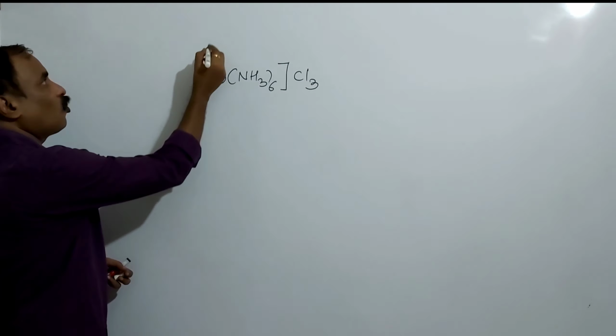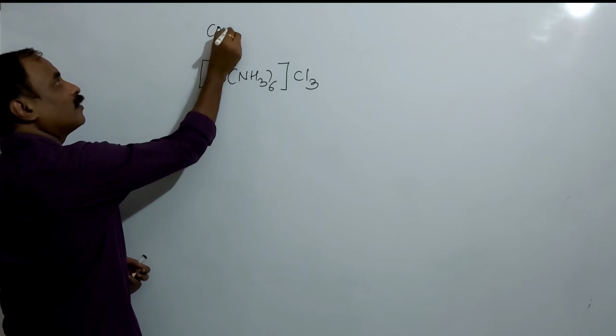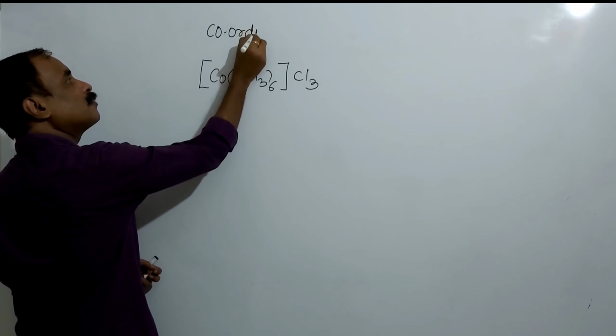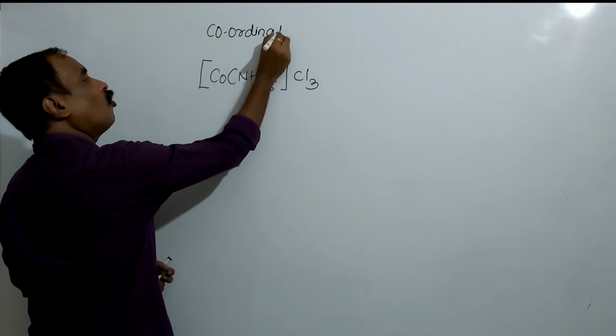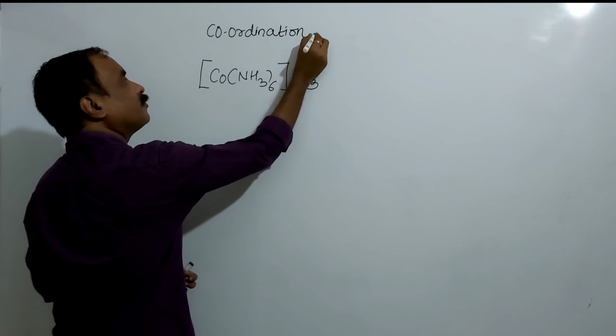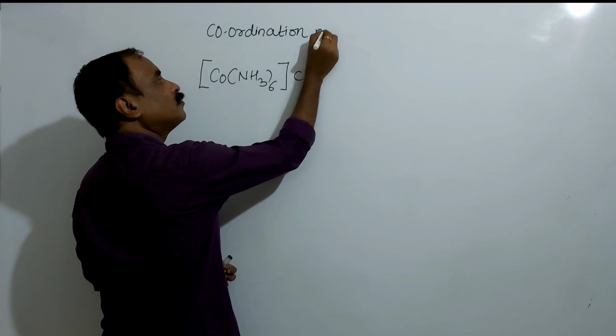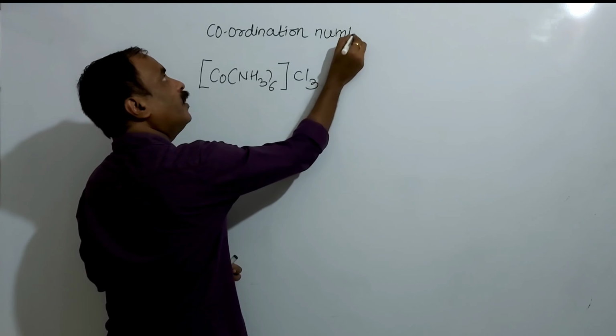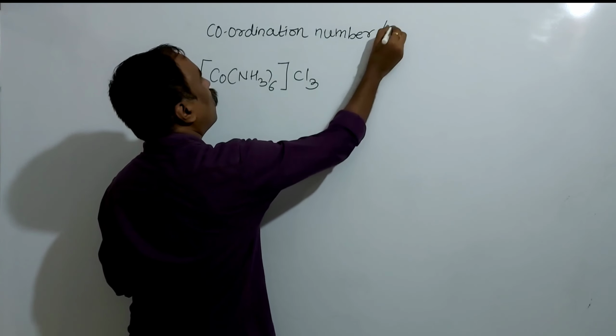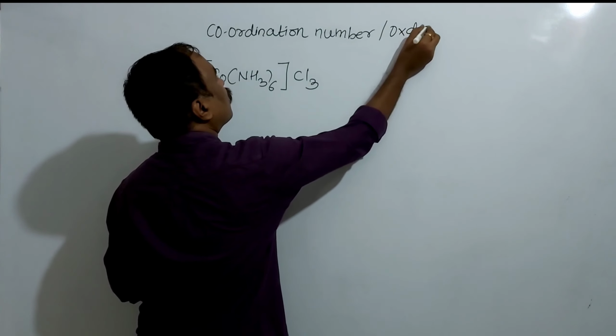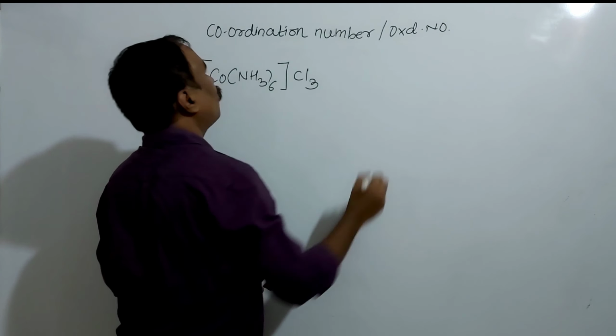Our main interest is the coordination number and oxidation number. How to find them?